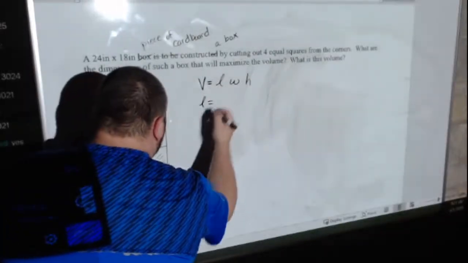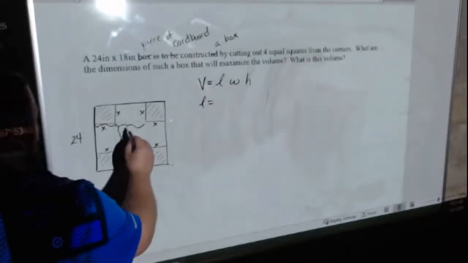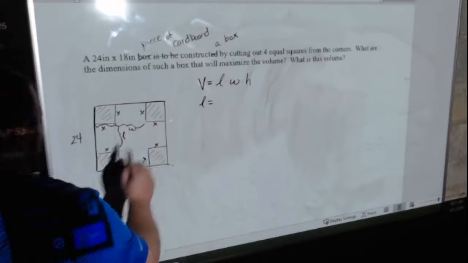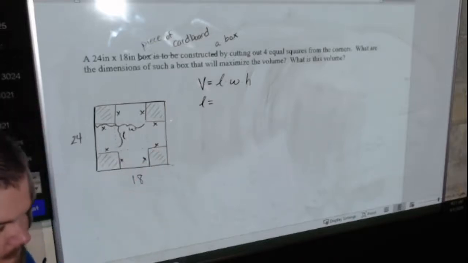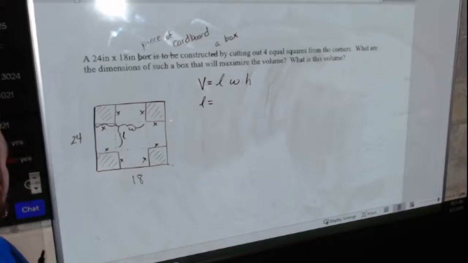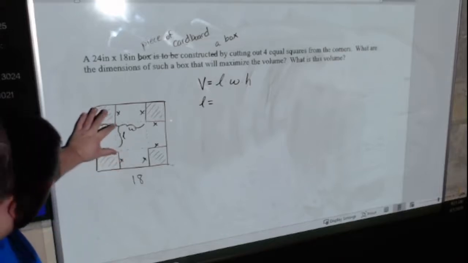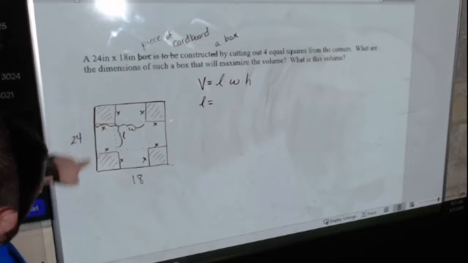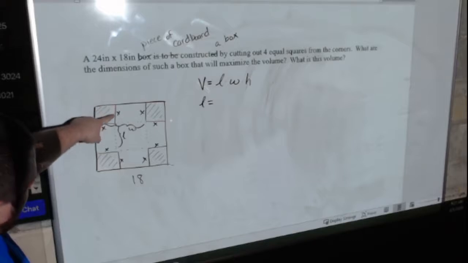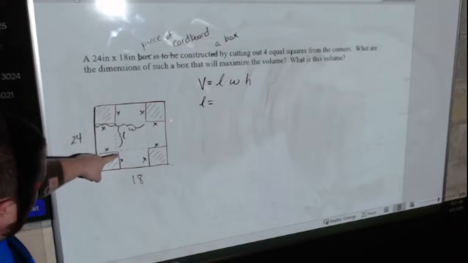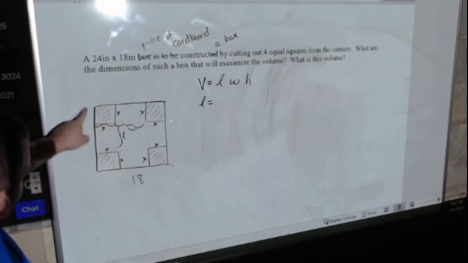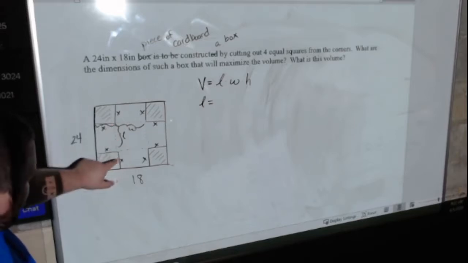For the length, let's call that this side, I guess. This side will be width. So the length, this section, is going to be the total distance here, 24, minus that x and minus that x. So this length is going to be 24 minus 2x.